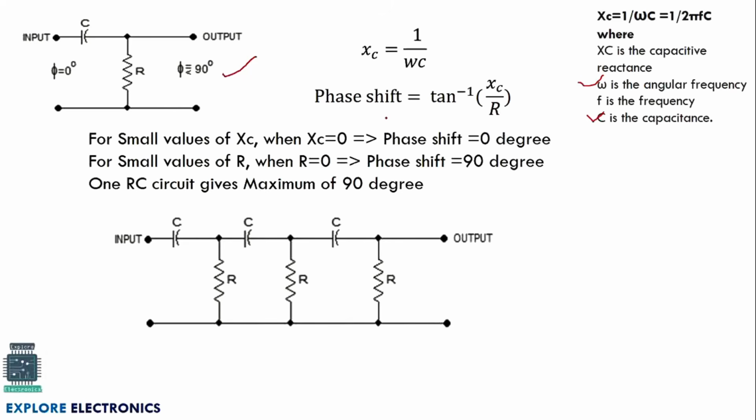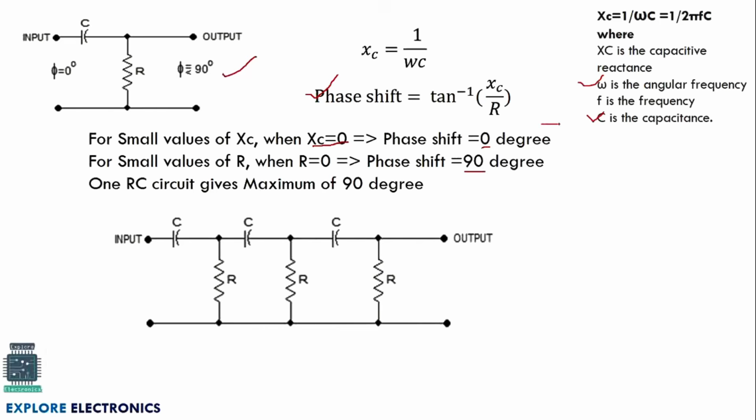So if you look at this expression, tan inverse of XC by R, if the value of XC is very small, means XC becomes 0, the numerator becomes 0, what happens? The phase shift will be 0. If R becomes 0, the denominator is 0, let us assume R is 0, we are going to get 90 degree as phase shift. Means from this circuit we can expect the phase shift from 0 degree to 90 degree.